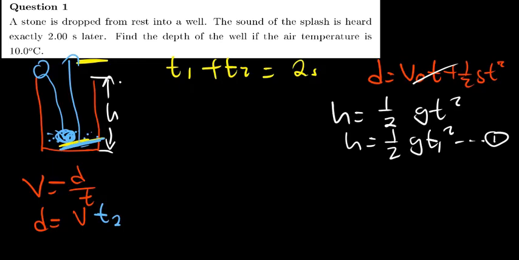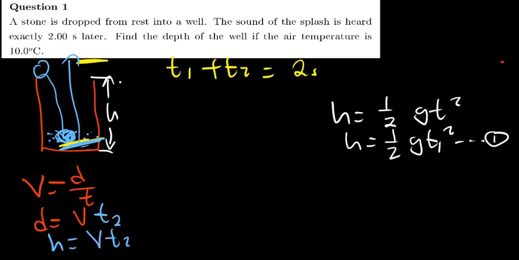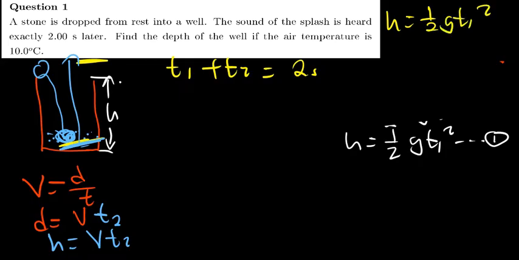So d is the same as h. Now I have got two formulas. My h will be equal to half gt1 squared. Another one is that h should be equal to v times t2.